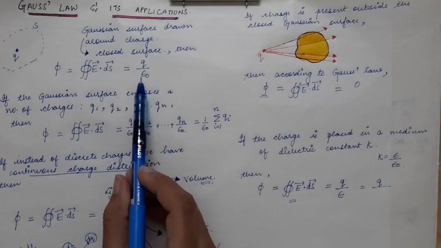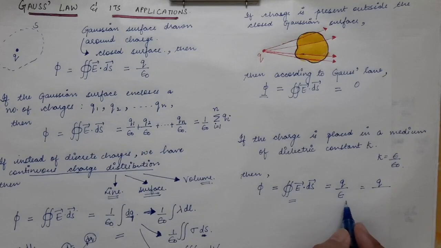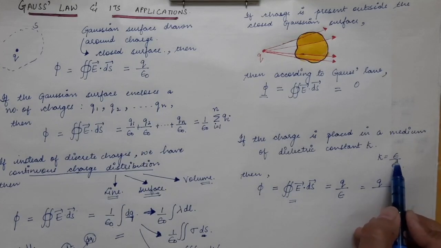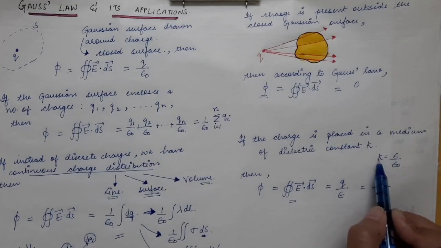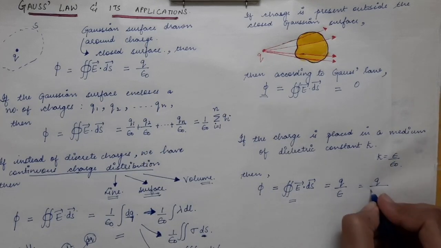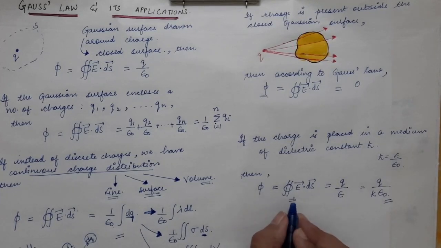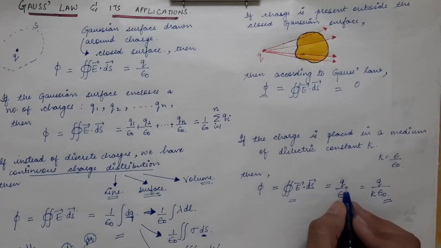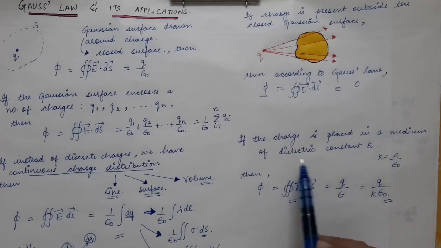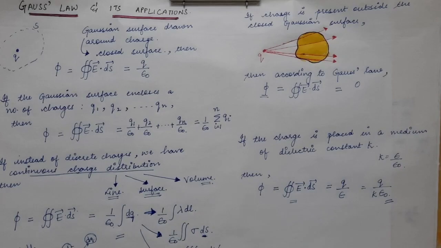So instead of epsilon naught, we will have epsilon. From the formula above, epsilon is equal to K times epsilon naught. So this will be the formula for the flux linked with any Gaussian surface which encloses a charge Q present inside a medium of dielectric constant K.